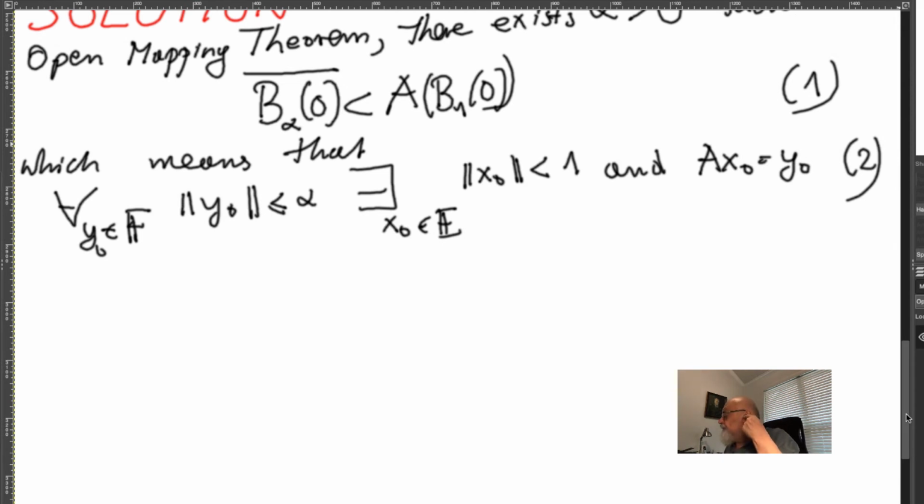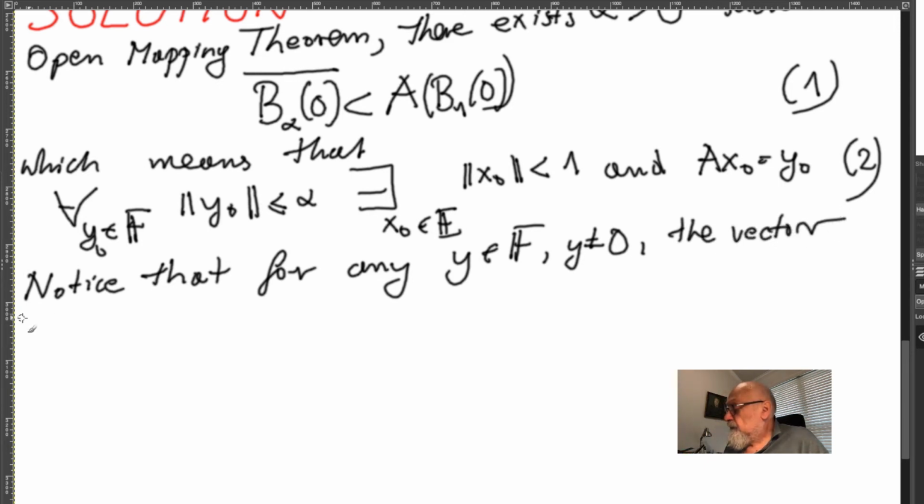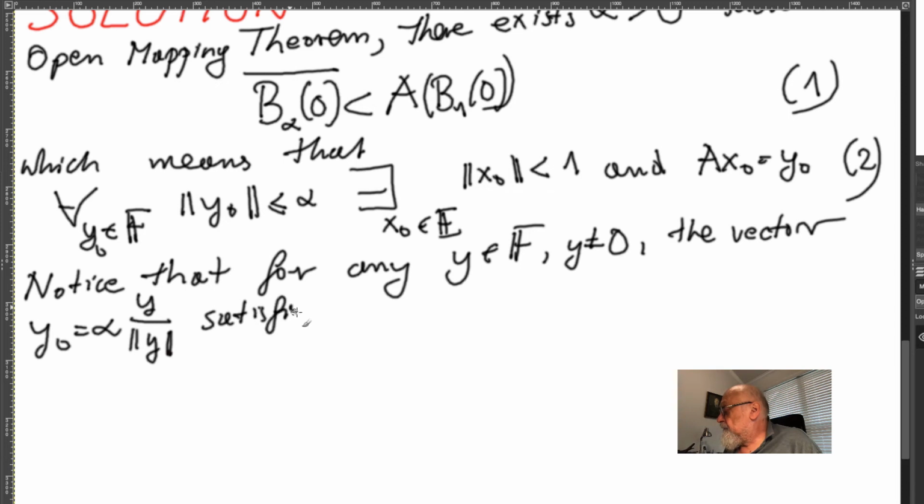Let's go a little down, and now notice that for any y belonging to F, let's take y different than 0, the vector y0, which I write simply as alpha times y divided by the norm of y, satisfies that the norm of y0 is equal to alpha.